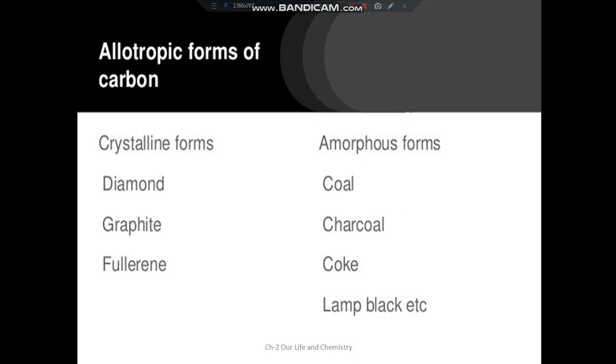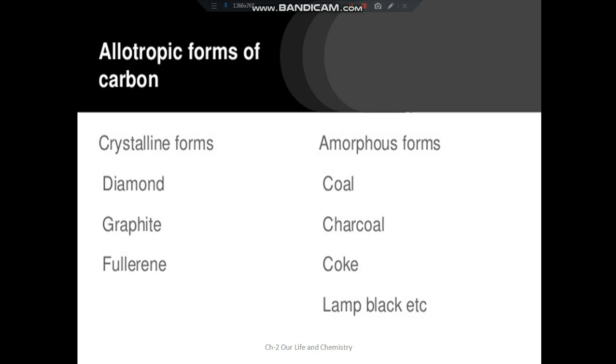When we look at the different allotropic forms of carbon, we see that carbon exists in crystalline form. First of all, let me explain what crystalline and amorphous forms are. Crystalline forms are those which have a definite, specific geometrical shape, whereas amorphous forms do not have any definite geometrical shape. They can occur in any shape.